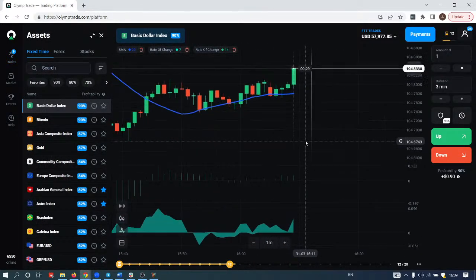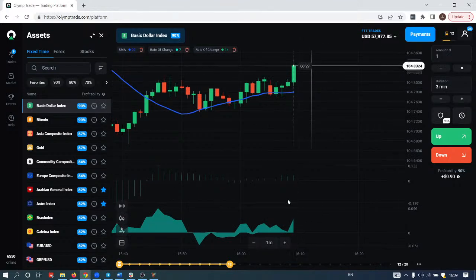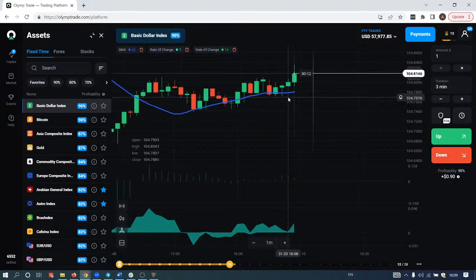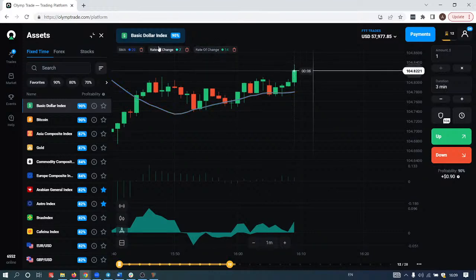The essence of this strategy is that you have three indicators. Indicator number one is the 20 SMA, a simple moving average with a period of 20. We also have the second one, which is called the rate of change 14 and rate of change 7.